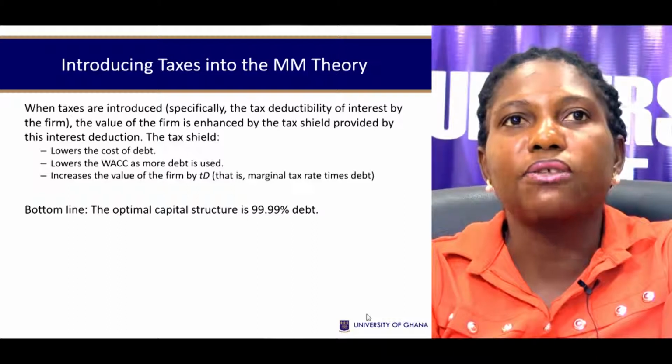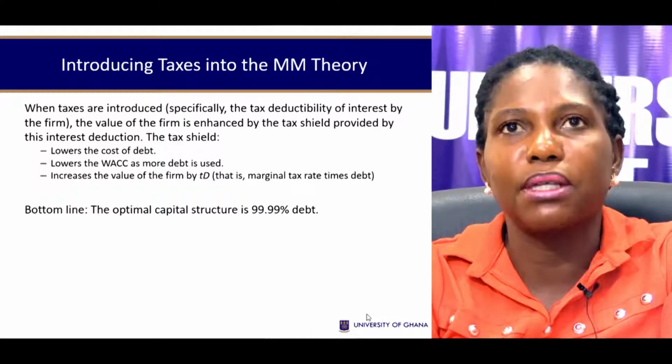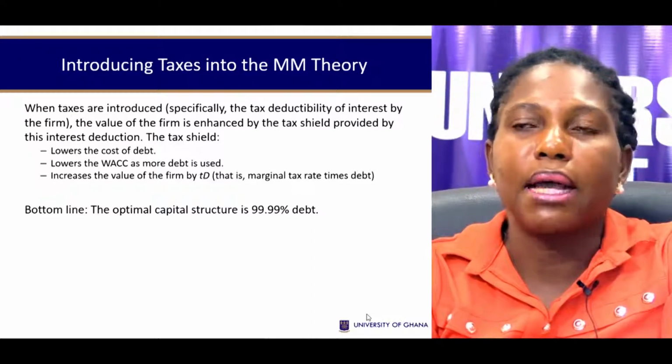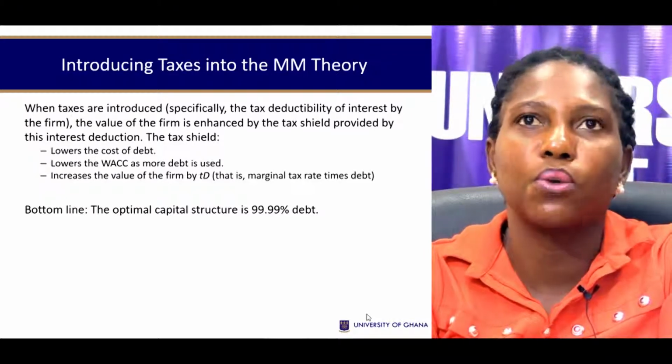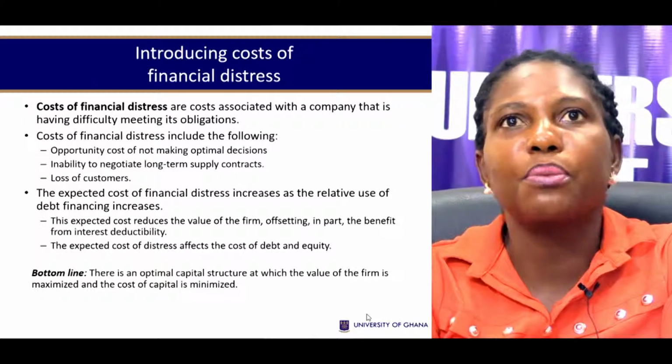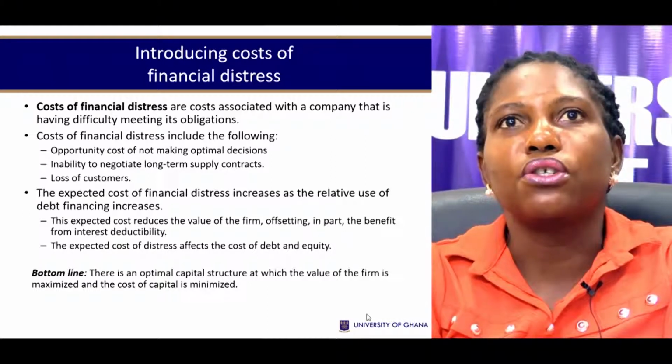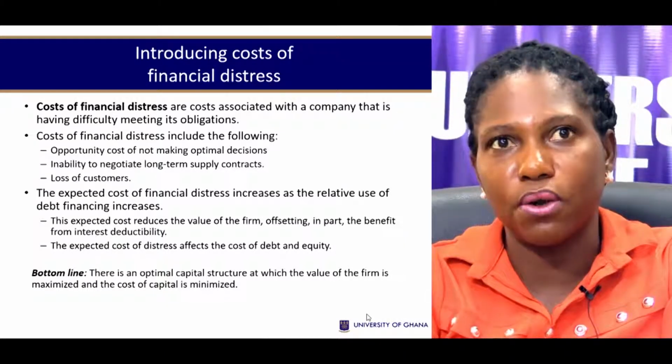Now, obviously, this raises a few challenges, because the market is not perfect. There are transaction costs, agency costs, what have you. So that begins to bring in the introduction of financial distress costs.